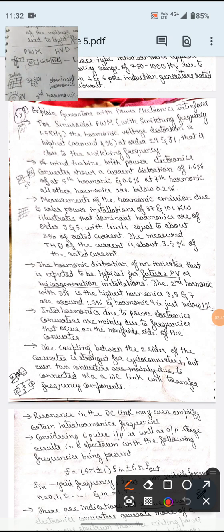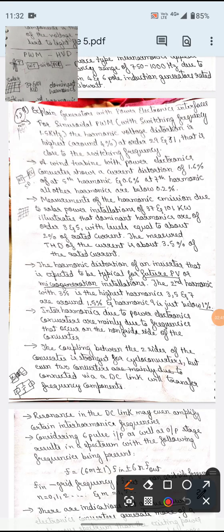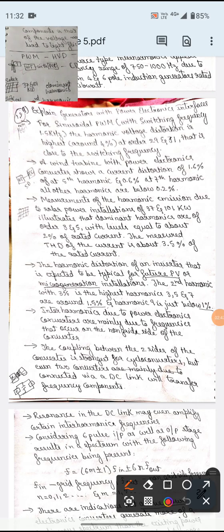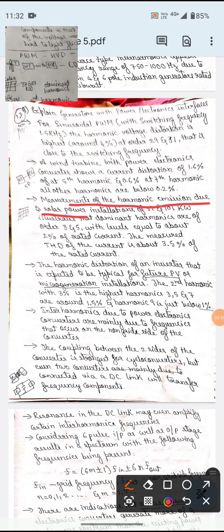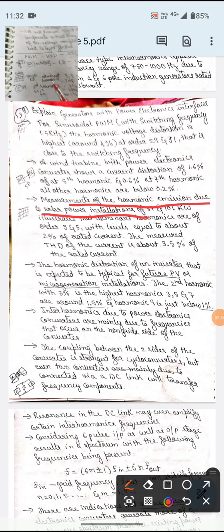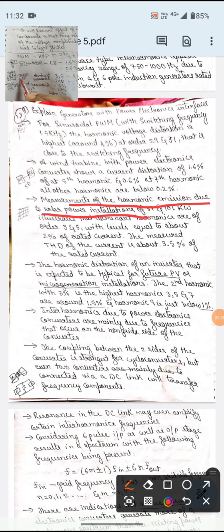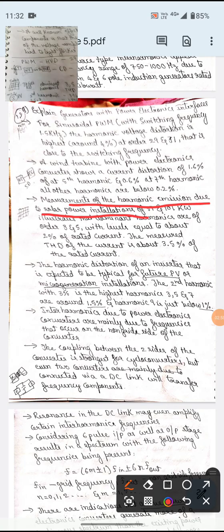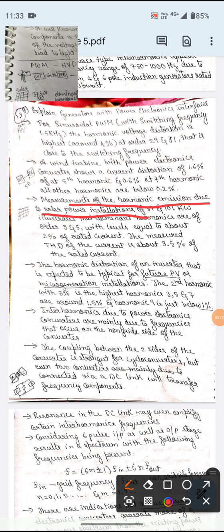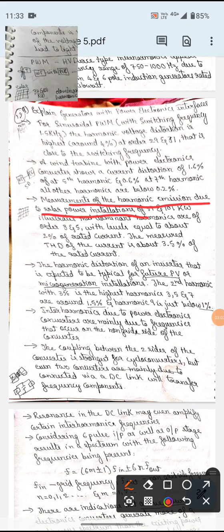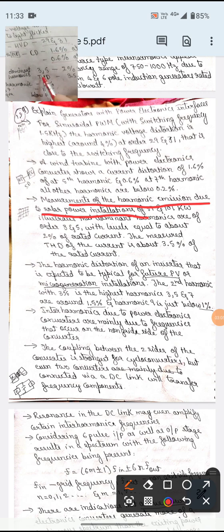We know a solar cell, right? So here, measurement of the harmonic emission due to the solar power installation. We have considered 37 and 101 kilowatt as that example. Harmonics, how much will you get here?